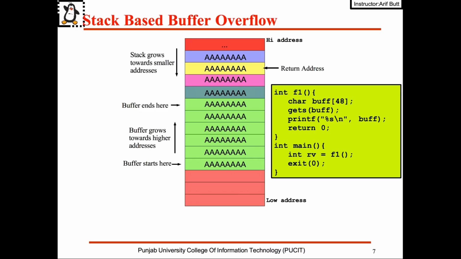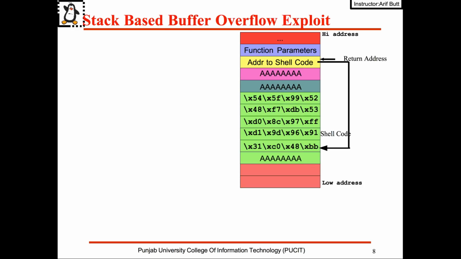Let us now try to understand how we can exploit this vulnerability. Well, dear students, all a hacker needs to do is, instead of a lot of A's, inject a list of carefully crafted machine instructions for that specific platform. And normally we call this the shellcode.